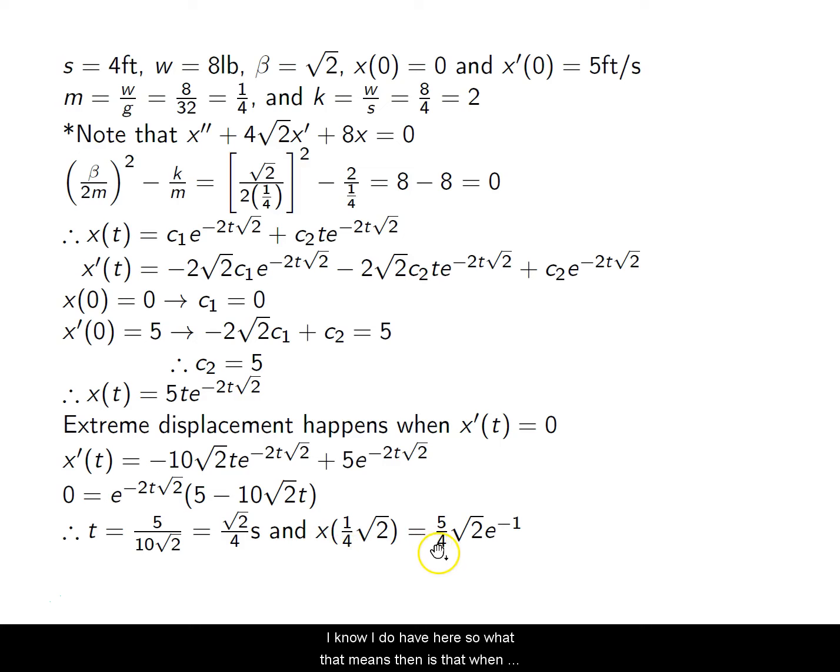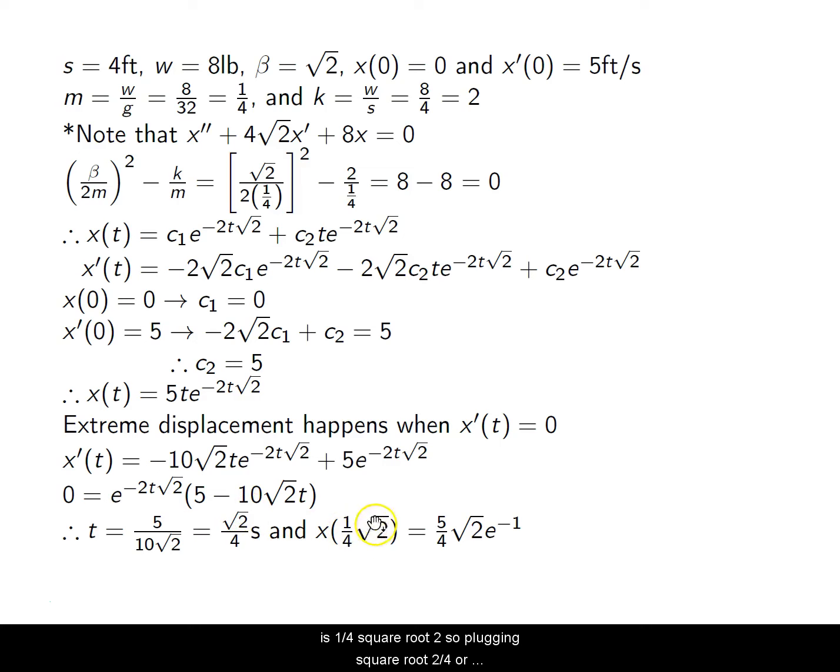So what that means then is that, this is the seconds, and no, this is fine. Sorry, x is my function. It tripped me out a little bit. This is my function. So when I plug this into my function, this is 1/4 square root 2.